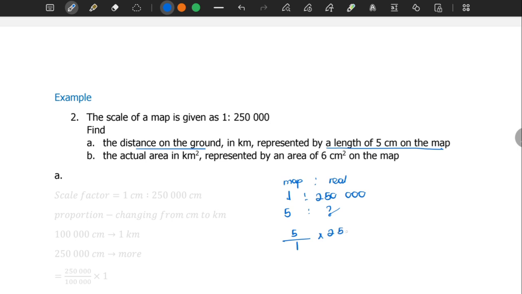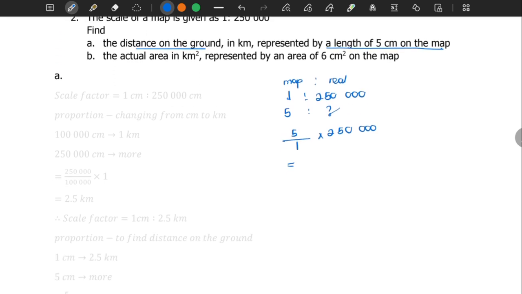Again, proportion, it's going to be 5 over 1 times 250,000. And then it's going to be 1,250,000, right?